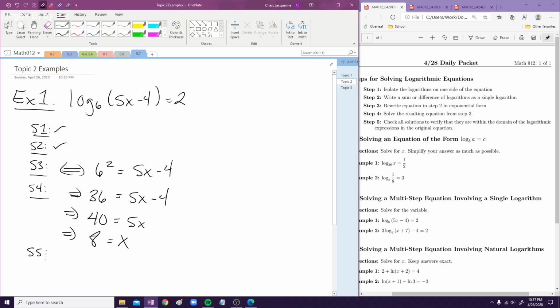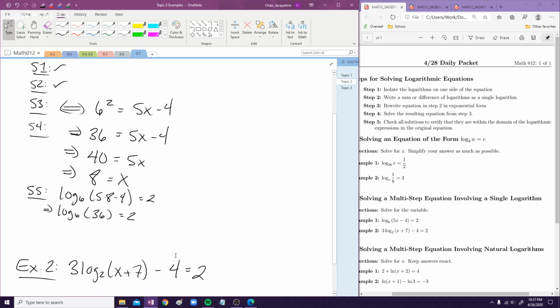Step 5: I have log base 6 of 5 times 8 minus 4 is equal to 2. 5 times 8 is 40. 40 minus 4 is 36. So 36 is within our domain.